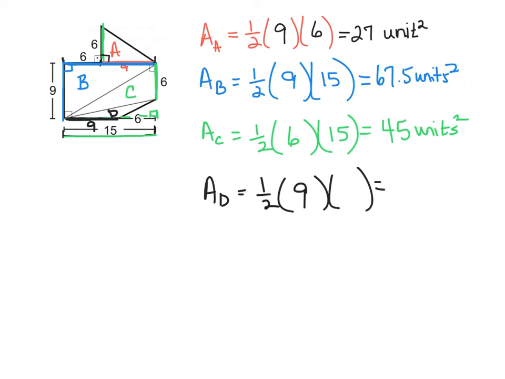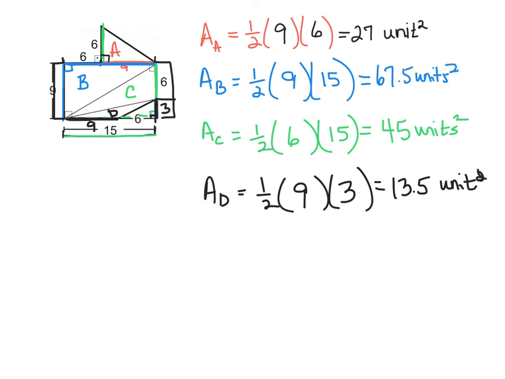Then when I go to the vertex opposite that and go straight down, this is my height. It's just this section. Over here, this is 9, so if this is 9 also, but we take away the 6, we have 3 left over. So my height for triangle D is 3. And 1/2, 9 times 3 is 13.5 units squared. And again, we're only squaring our units.